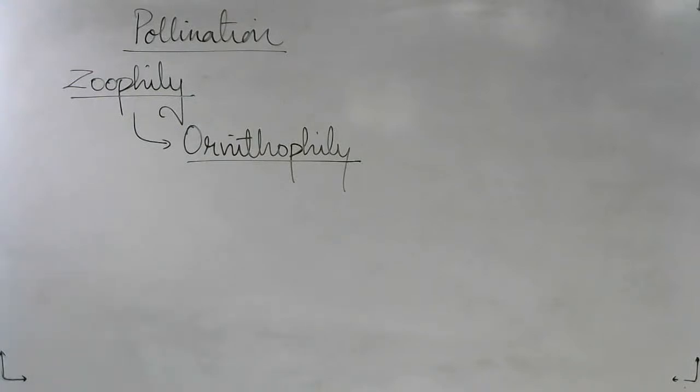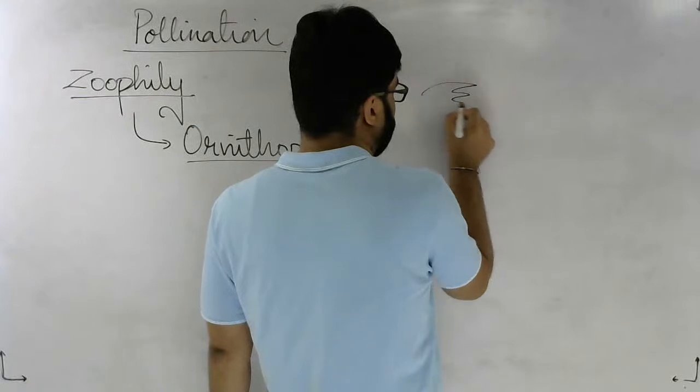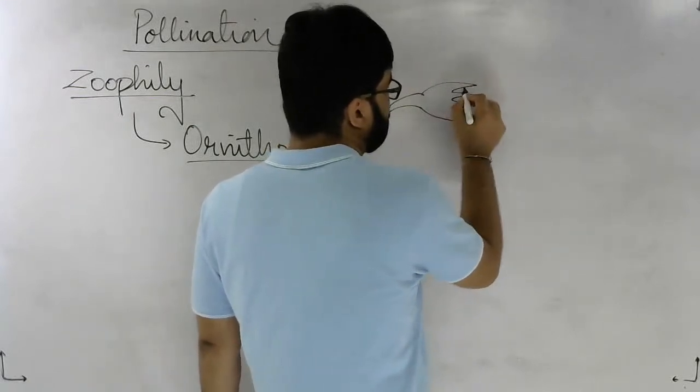Now, what are the characteristics? Definitely, the shape of the flower is like a tube. This is the calyx.